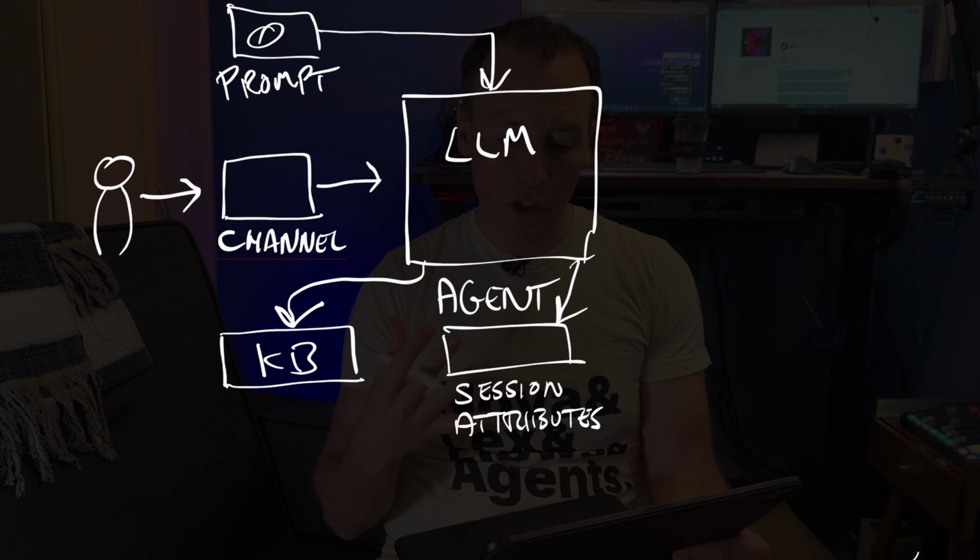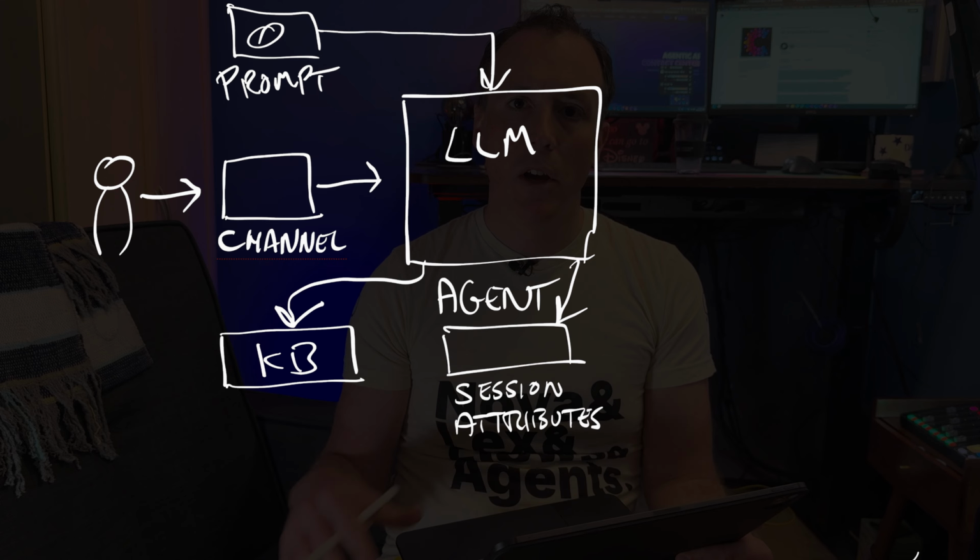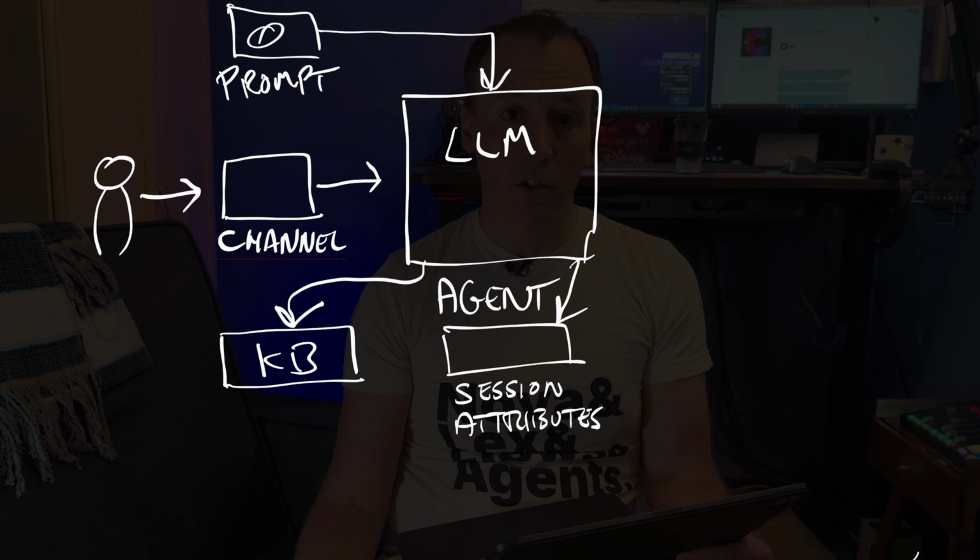This is information you can give it as the conversation goes along. Who the caller is, what order number they gave you a few minutes ago, anything that needs to persist in between turns gets stored in here. We're going to come back to session attributes in a whole future video, but for now, the agent remembers things between turns, and session attributes are what enables it to do that.